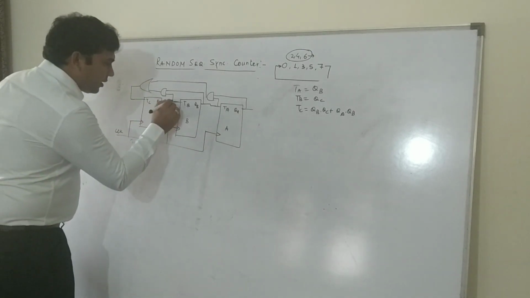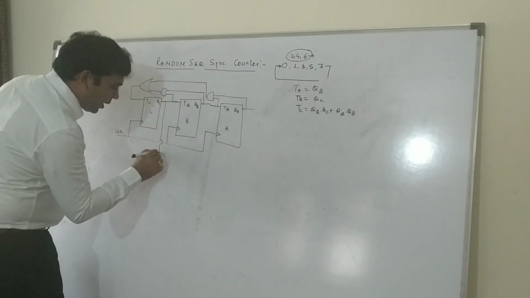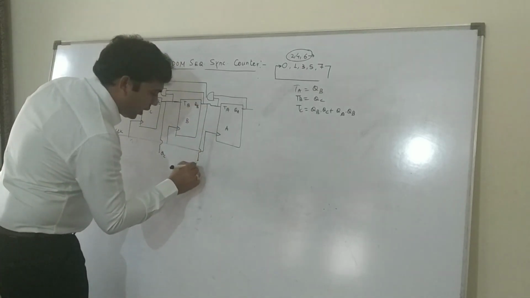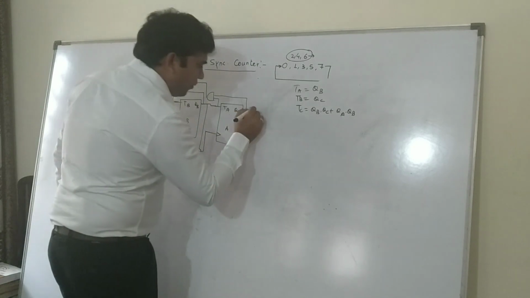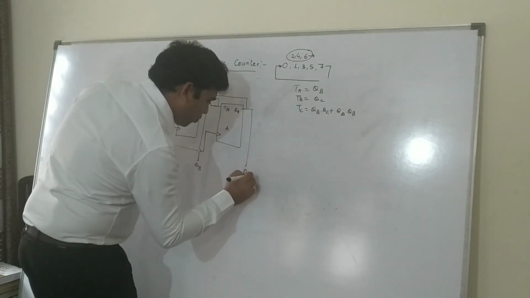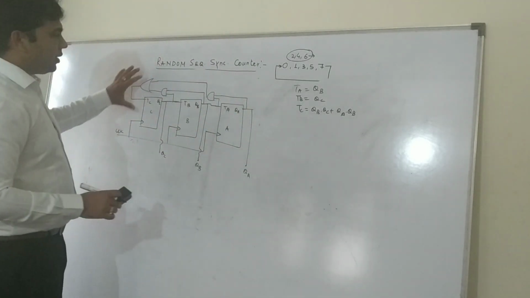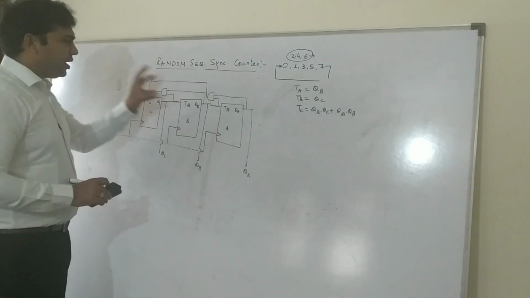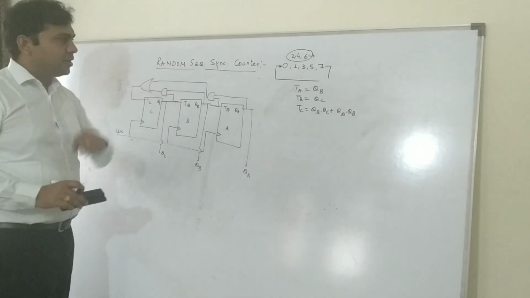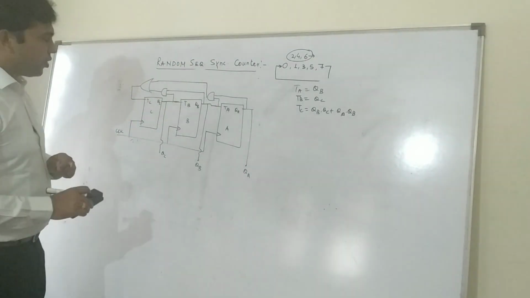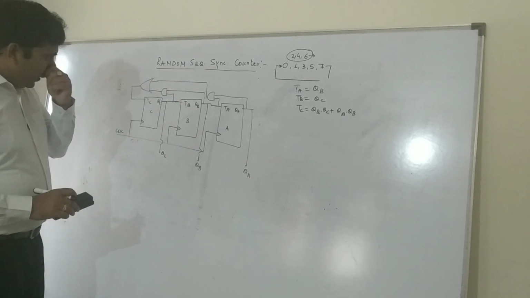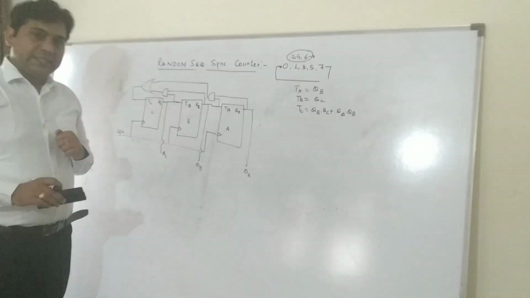And we can take the QC output here, the QB output here, and the QA output here. This is the internal circuit diagram where you have three flip-flops and some combinational circuit to design the synchronous counter, a sequential synchronous counter for a random sequence. Now, one thing is very important in this.